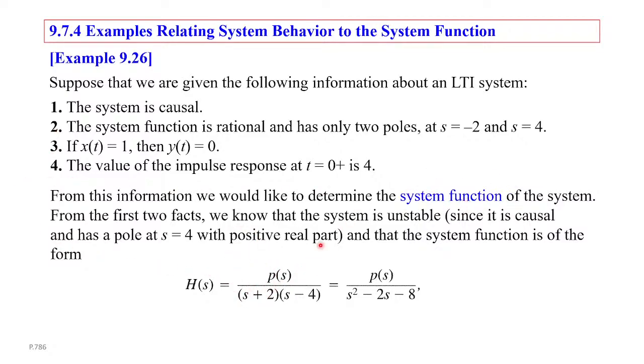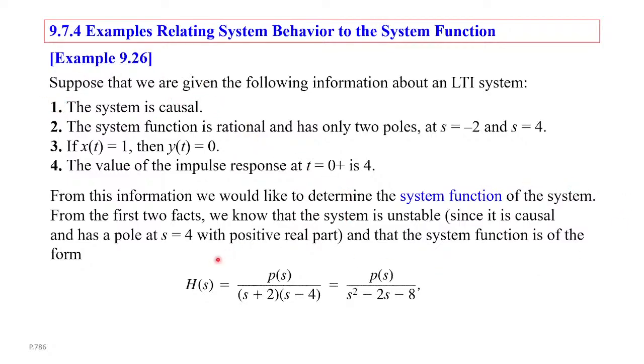The end goal is we want to decide the system function. The first one is causal. It doesn't tell you too much, well, sorry, it did tell you something. For the Laplace transform, you need to pick the ROC.